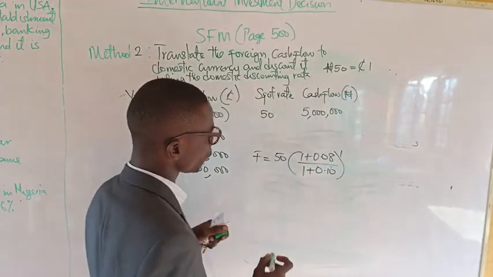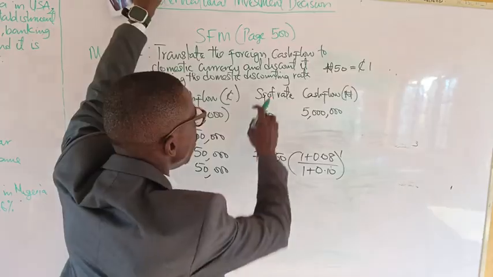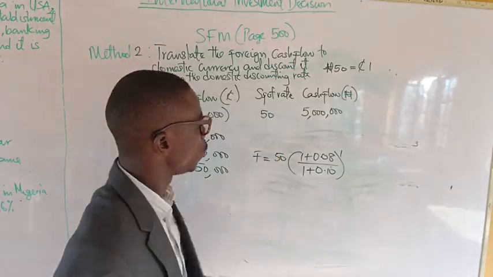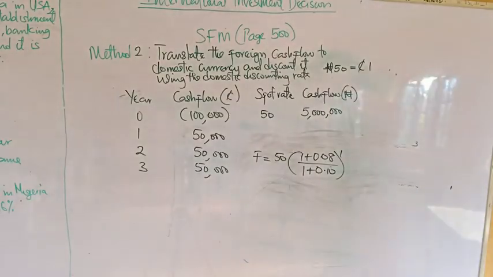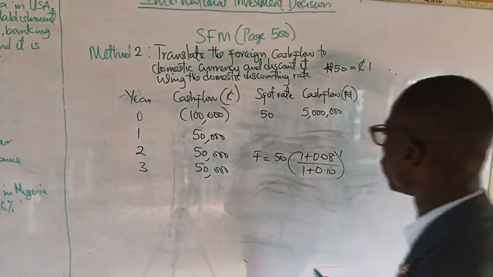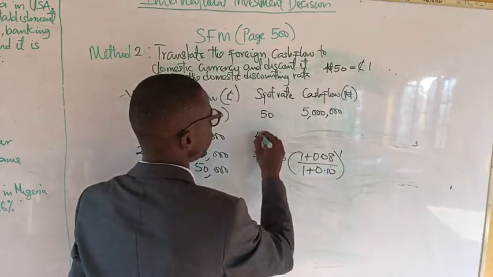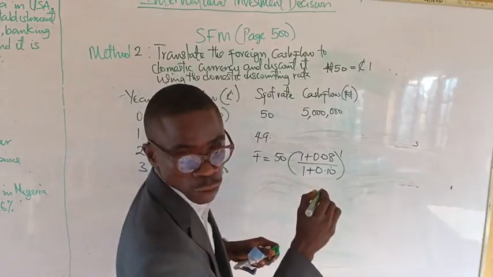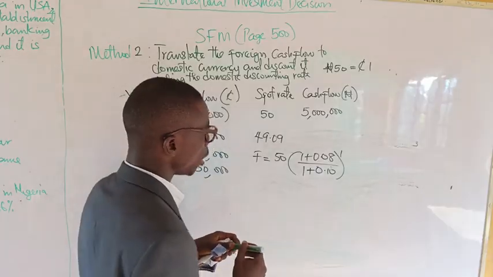So what will you have? Let's be fast. What will be the spot rate in year 1? 49.1. 49.09, right? Yeah.